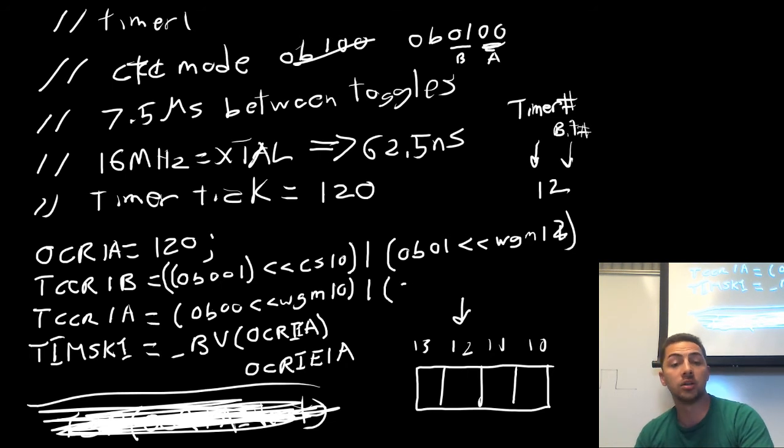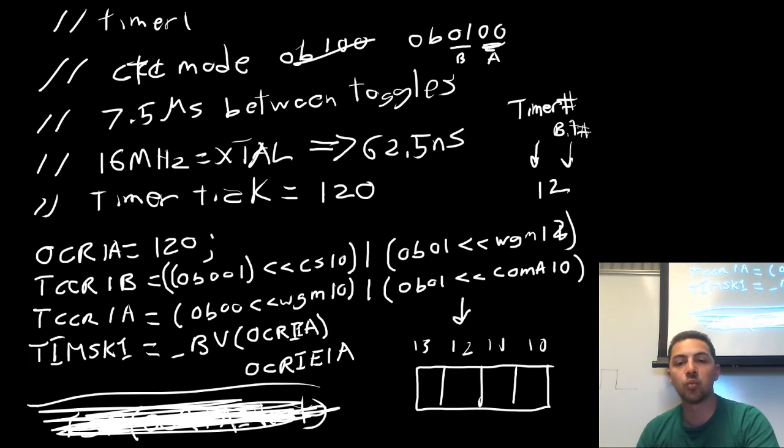I'm going to put in toggle, which is a 0B01, shifted left by COM 1A0. So it's, again, timer number, channel, bit position.